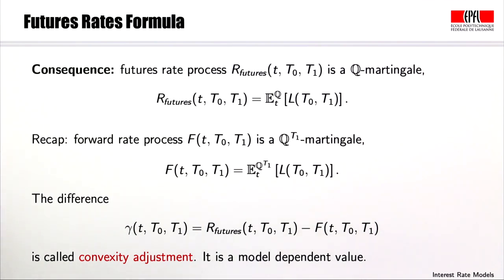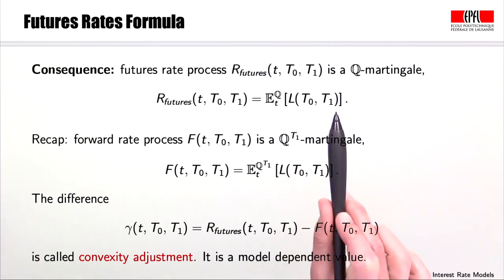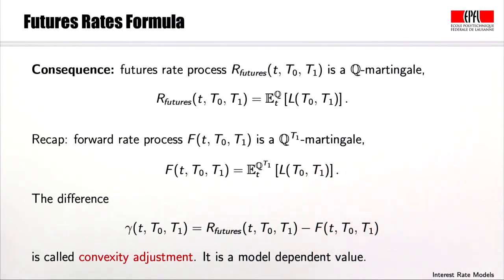Hence, the futures rate at any time small t is given by the conditional expectation under Q of its terminal value, which is the future simple spot rate. Now let us contrast this with what we know for the simple forward rates. We recall that the forward rate process is a martingale under the T1 forward measure.